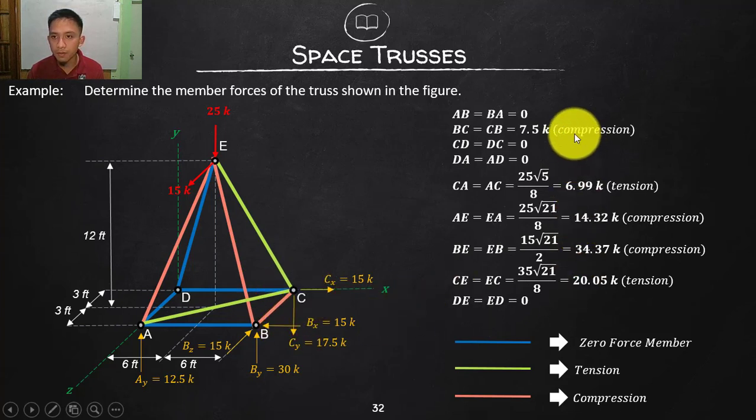And then we have here 3 in compression: BC, this one, the pink color, AE, and BE. So why are these in compression? Look at this. It is being pushed downward, so we expect this to be in compression.